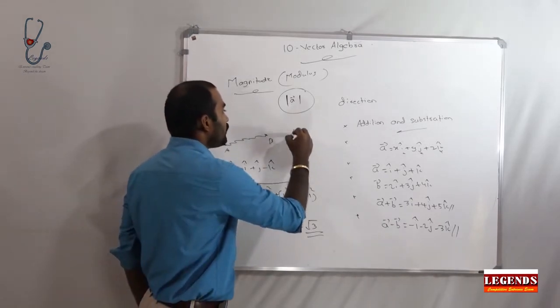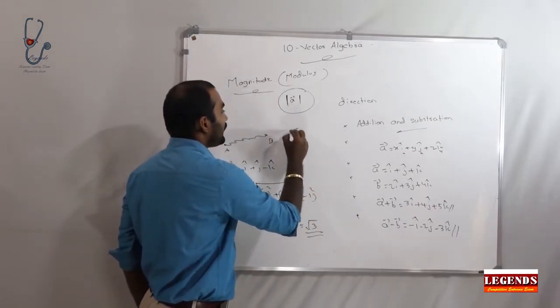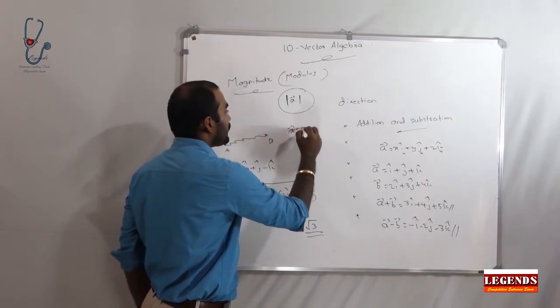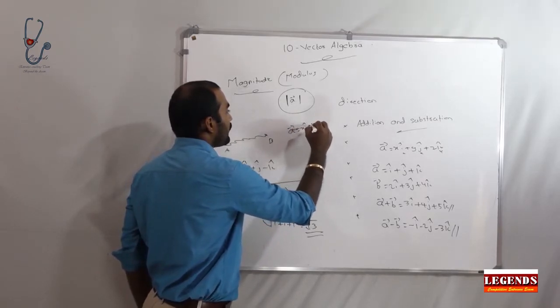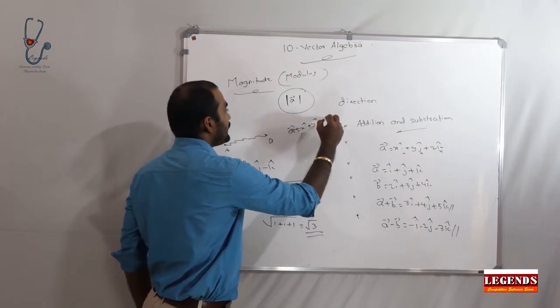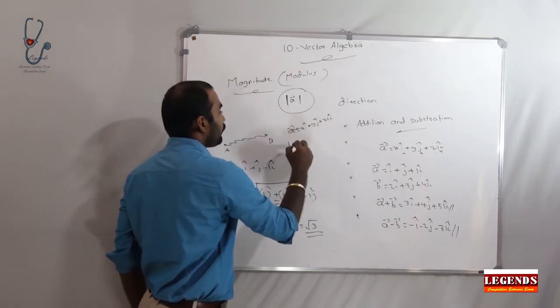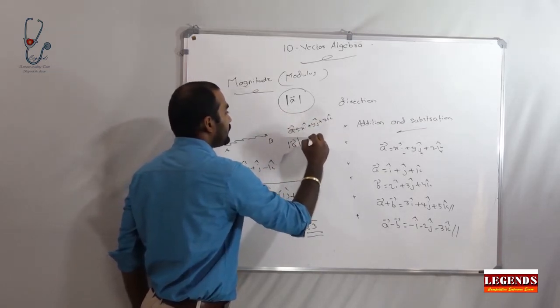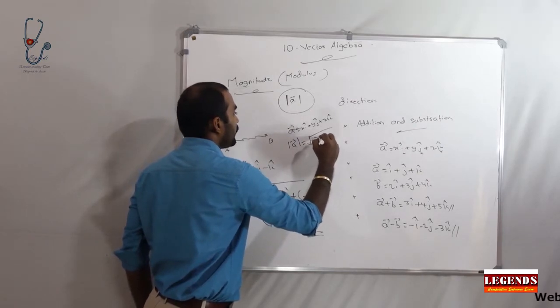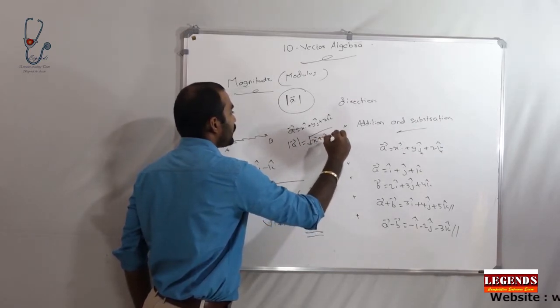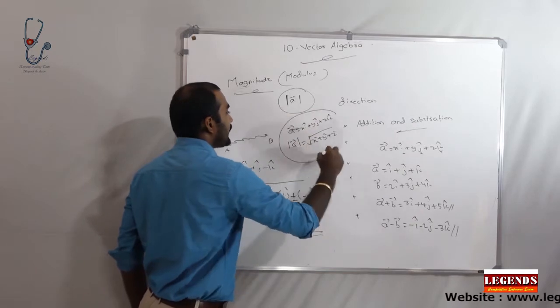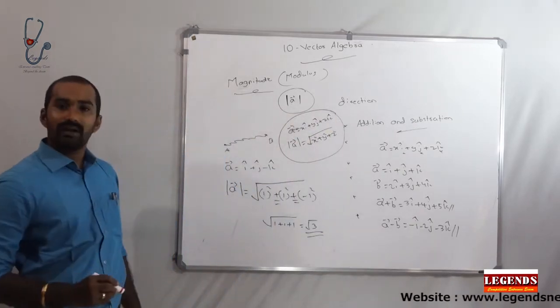For example, taking the generalized form a vector equal to xi plus yj plus zk, this is the general form of the magnitude of any vector.